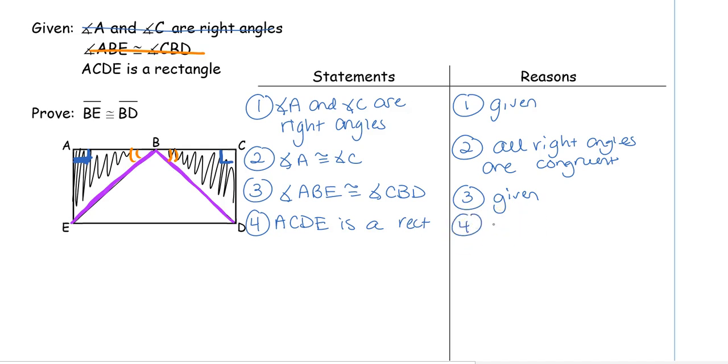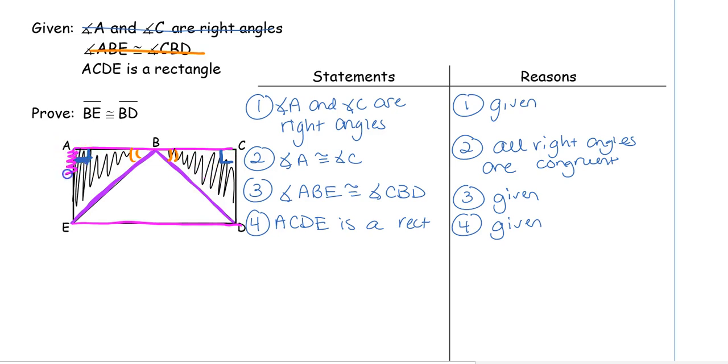So we want to think about everything that we know about a rectangle. One of the first things you probably learned about a rectangle is that opposite sides are congruent. So because it's a rectangle, I know that AC is congruent to ED, which is true, but I'm not going to use that piece of information because that's not going to help me prove those two triangles congruent.